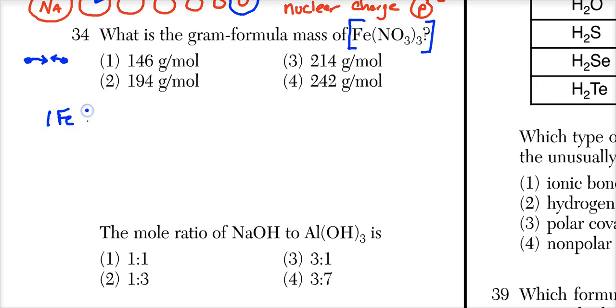Now, we can't really deal with one atom in chemistry. It's too tiny. We can't even mass it. It's all theoretical, okay? But we can deal with a mole of them, some number of them. So if I have a mole, who cares what the number is? We know it's Avogadro's number, but if we have 1 mole of them, in one of these, don't I have one Fe?